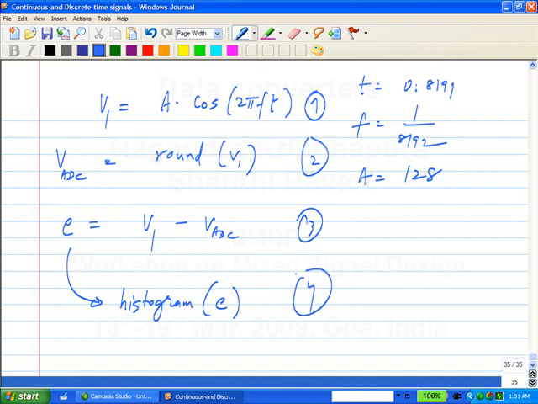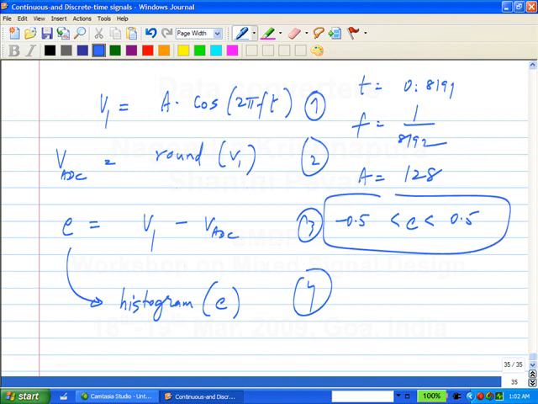Round means it rounds to the nearest integer. So the step is 1, and the error is between plus half and minus half. This is not dependent on A. So you plot the histogram of E. What will you see?